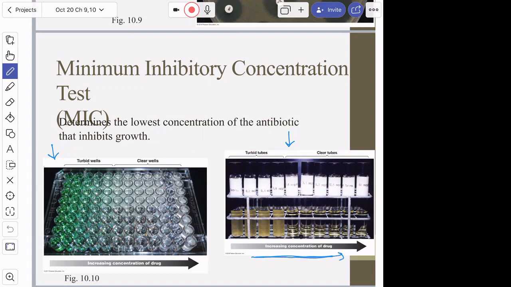You incubate it, and then you look to see what's the minimum concentration that worked to kill all the organisms. So in this case, here's our first tube that's not cloudy. So that would be considered the minimum inhibitory concentration because we had growth on all these tubes. Okay, so you have to dial in that concentration and try to get that up to the appropriate amount in your patient.